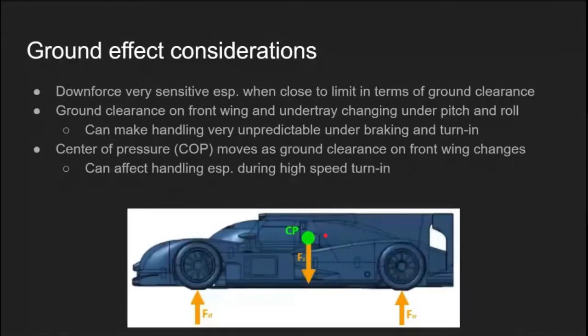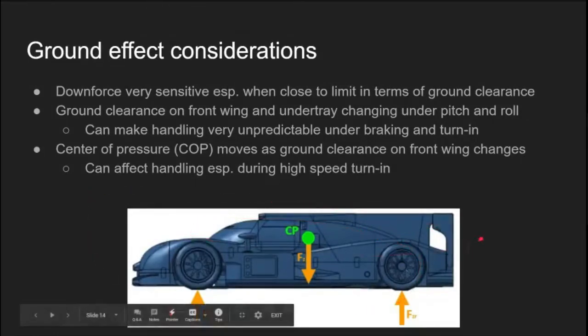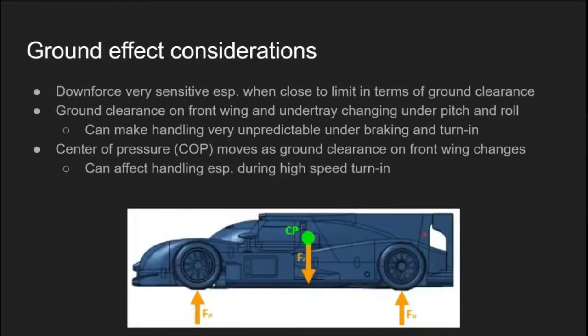As an example, as you start driving faster, you're producing more downforce on the front and rear wing. What does that do? That's going to compress the suspension, because the wings are mounted onto the chassis, and it's sprung weight.